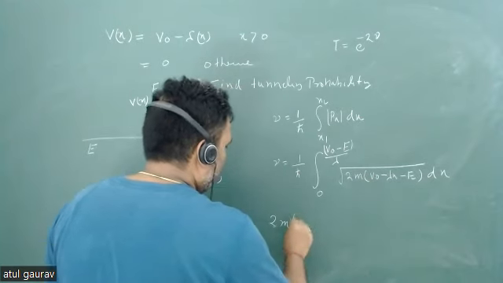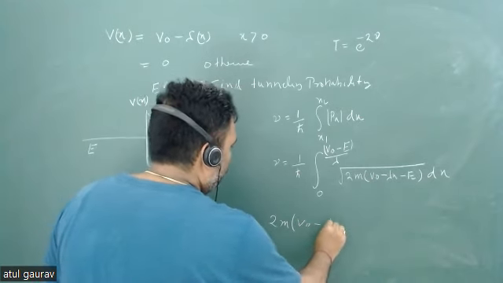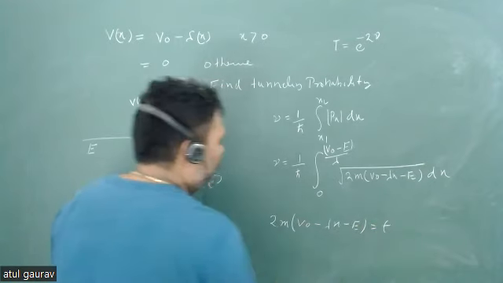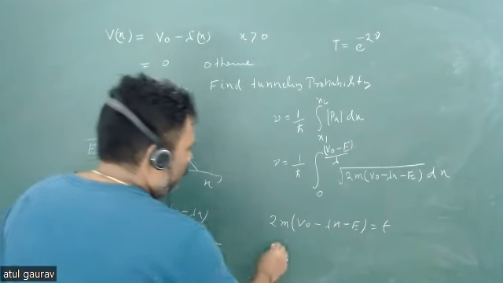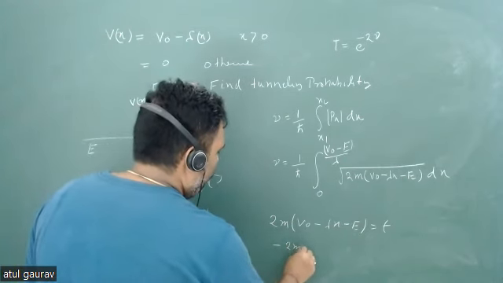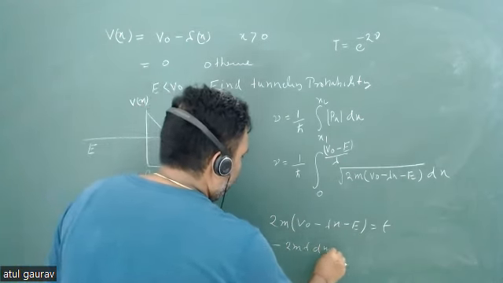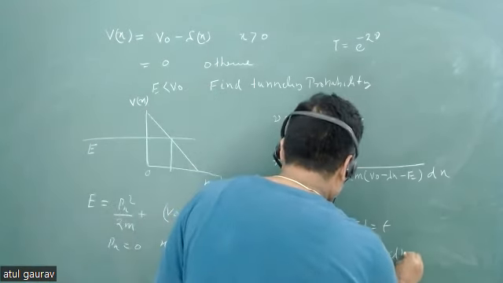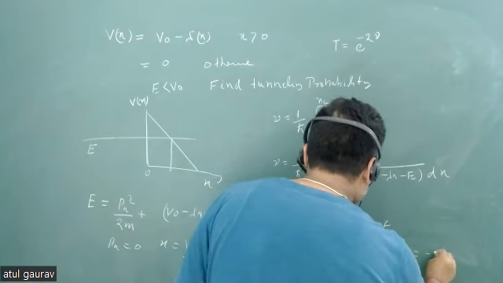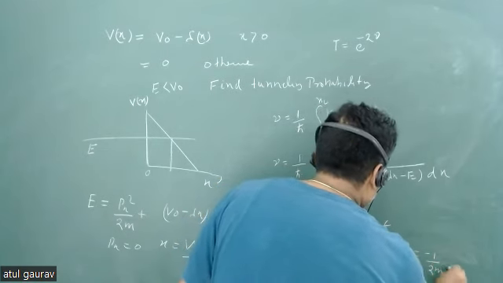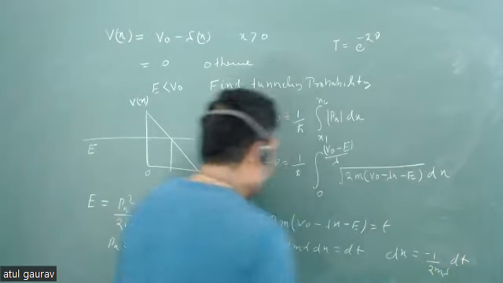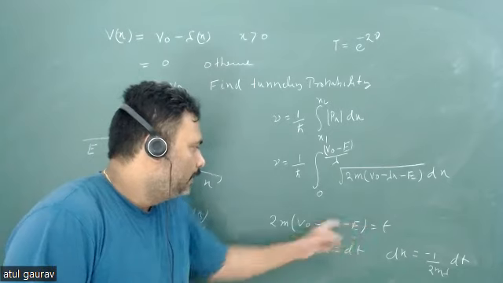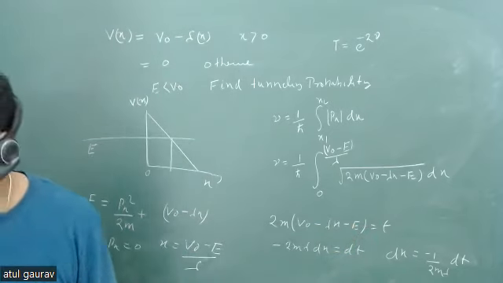X, this is linear of x. So I can put V naught minus lambda x minus E is equal to t. So you have minus 2m lambda dx is equal to dt. So your dx is equal to minus 1 upon 2m lambda dt. Now at x is equal to 0, t is equal to v naught minus e. है ना?